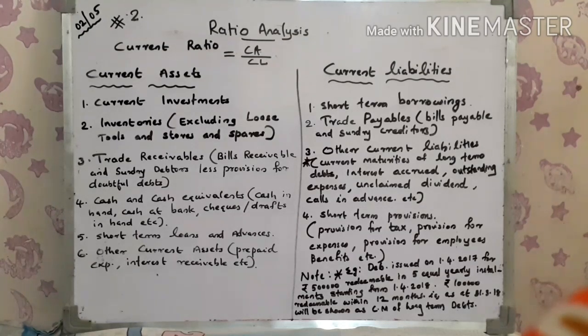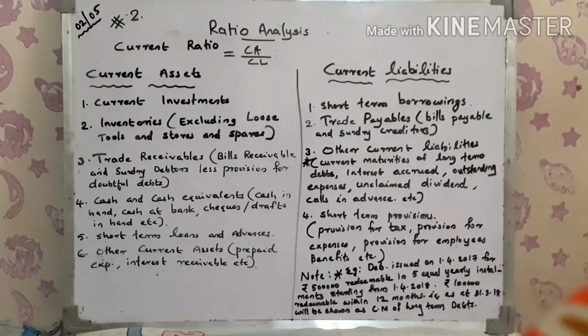Current maturities of long-term debt means, for example, a company issued debentures on 1st April 2017 for rupees 5 lakhs, redeemable in 5 equal yearly installments.